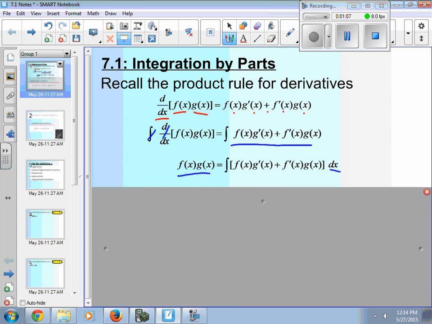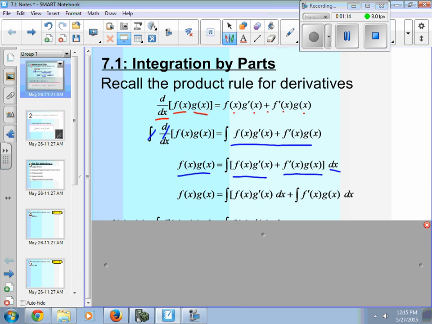If you have two different things being added within an integral, we know we can split those up into two separate integrals, where each integral would still be integrated with respect to x. Then what we're going to do here is subtract one of these integrals over.